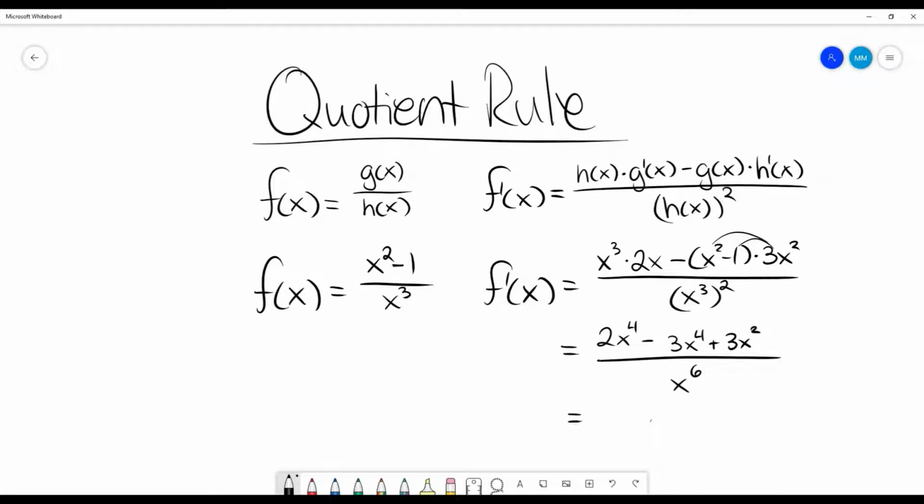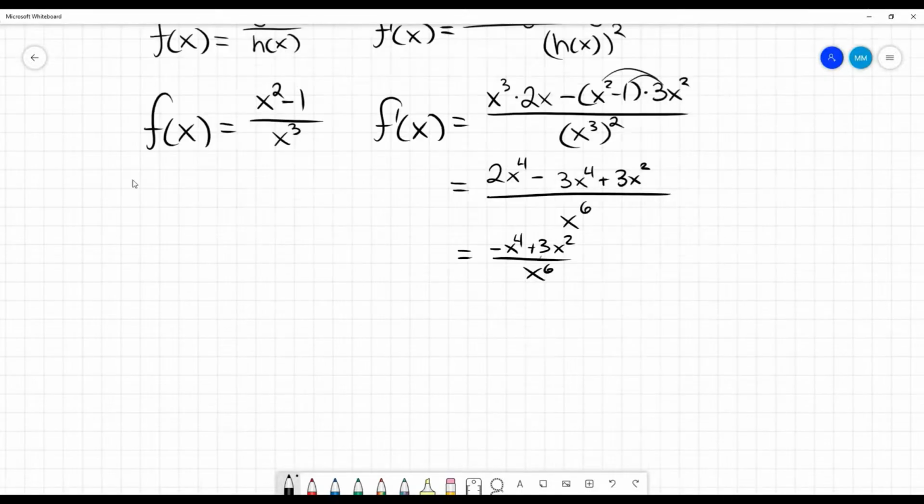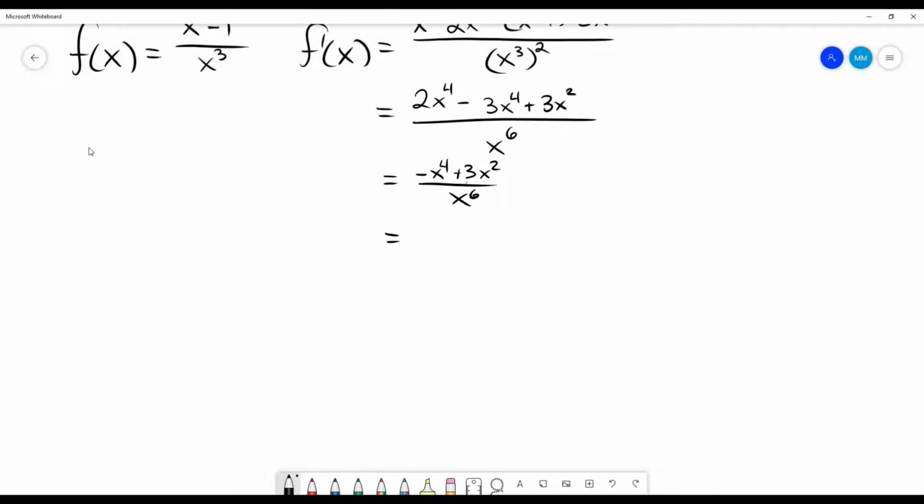And then combine like terms, so that's a negative x to the 4th plus 3x squared over x to the 6th. And we could actually factor and cancel. Obviously, you don't have to worry about this too much right now because I'm just solving an example, but I'm actually going to factor out x squared. So it's going to be negative x squared plus 3 over x to the 6th.